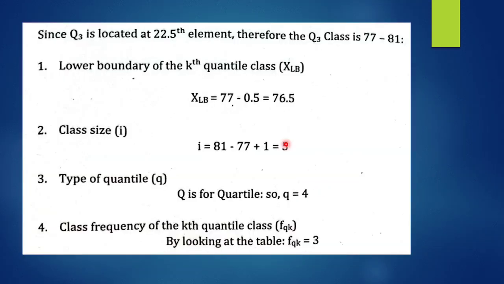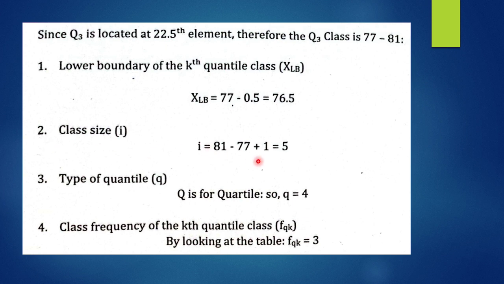Okay, so the lower boundary of the kth quantile class. So the kth there is depende lagi kung saan nga itong ginasigutan. Since we're talking about Q3, so XLB of the Q3. So the lower boundary of the X in this quantile class is 77 minus 0.5, that's why it becomes 76.5.